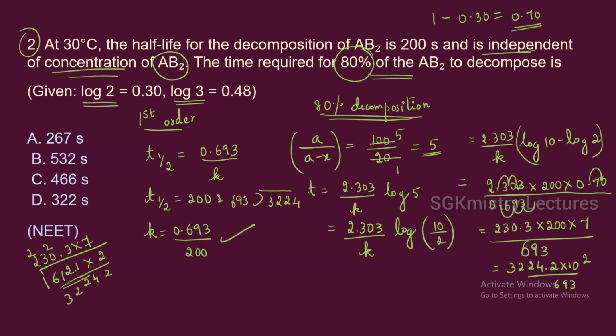693. So now if I take 693 into 4, 9 into 4 is 36, so 37, 24, 27. So we have 4, 2, 7, 7, 2, 2 here, 5, and then we have here 4.